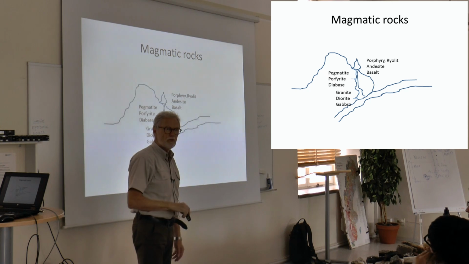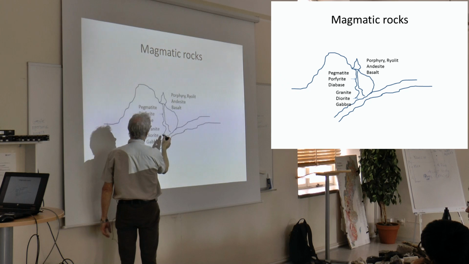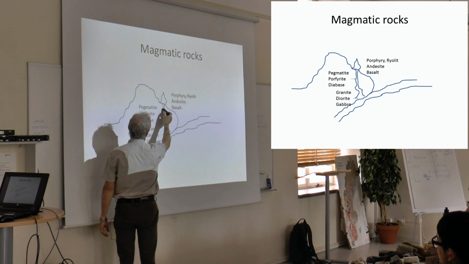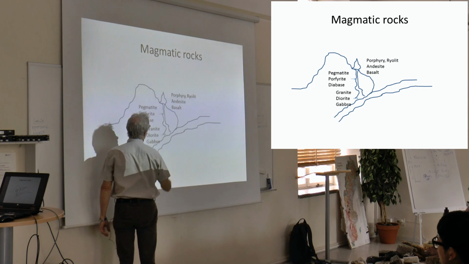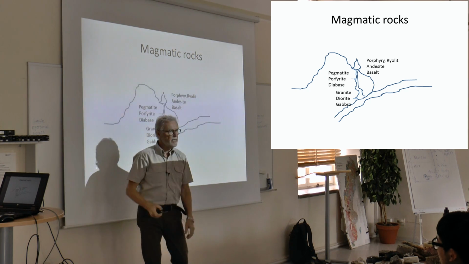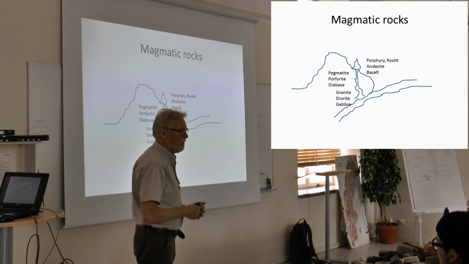So it's very simple. Diorite is the same: it is called porphyrite if it is stuck in these veins, and if it comes up like volcanic ashes, it is called andesite.